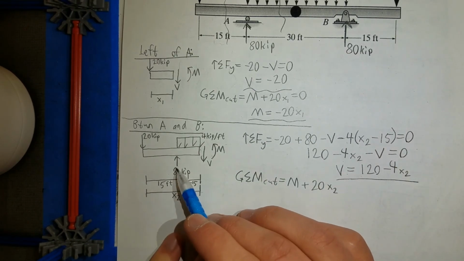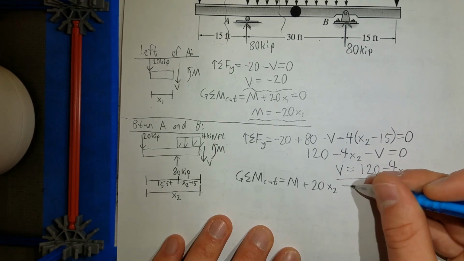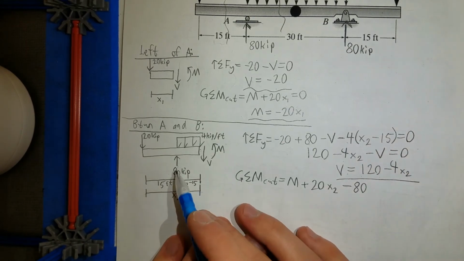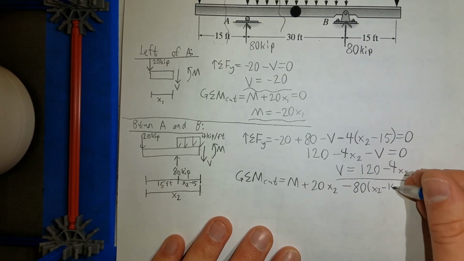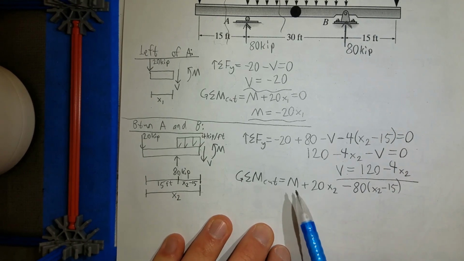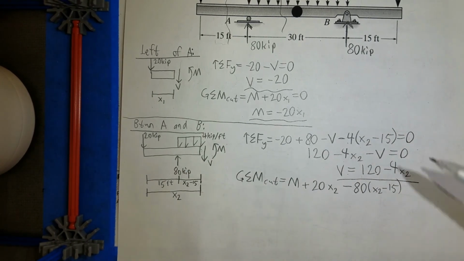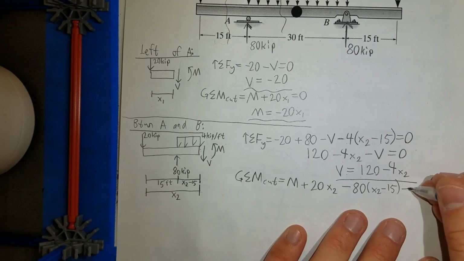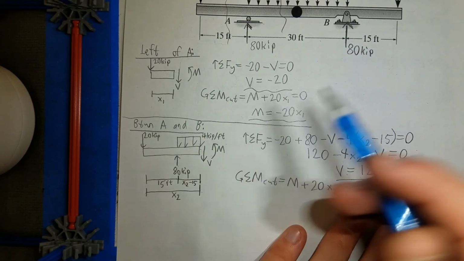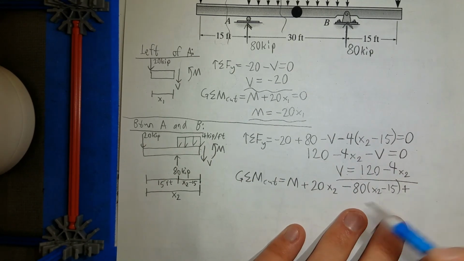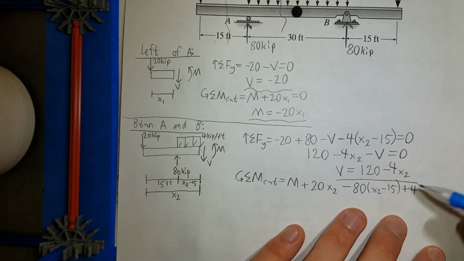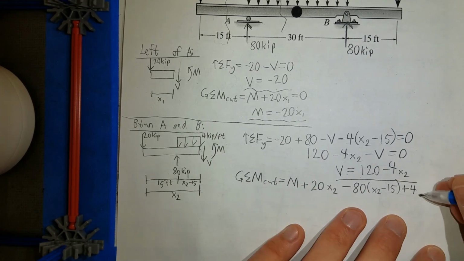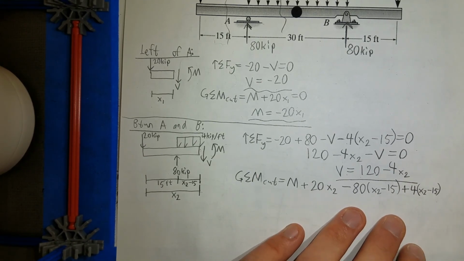And then we have our 80 kips going in the clockwise direction, and again, this is the same distance, x2 minus 15. And lastly, we have our distributed load, which is again acting in the counterclockwise direction, so positive. It's going to be our 4 kips per foot times the distance that it is, x2 minus 15.